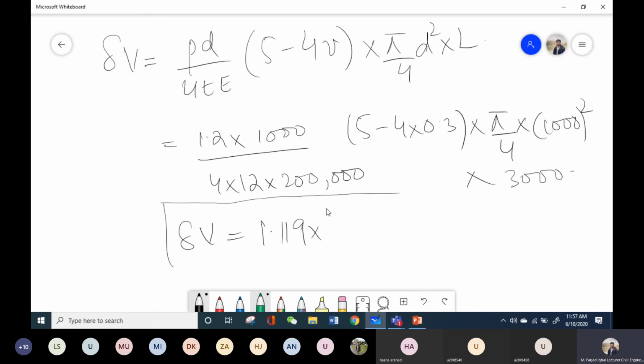1.11. Can you give me this answer? 1.119 exponent 6. 1.119 into 10 raised to power minus 6. Positive 6.